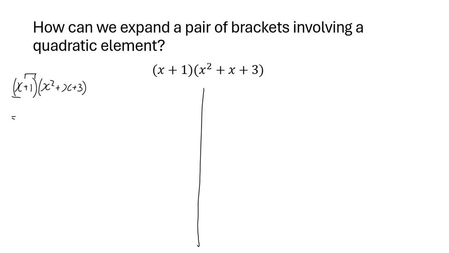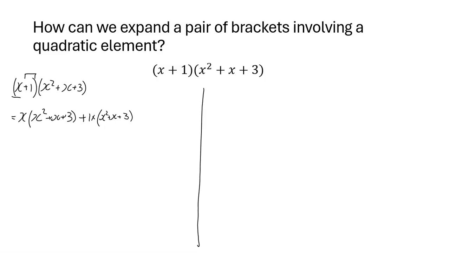So the first element's the x, so I'm going to expand the x with the x squared plus x plus 3, the quadratic element. The second part is a plus 1, so I'm then going to do plus 1, expanding by the brackets x squared plus x plus 3.